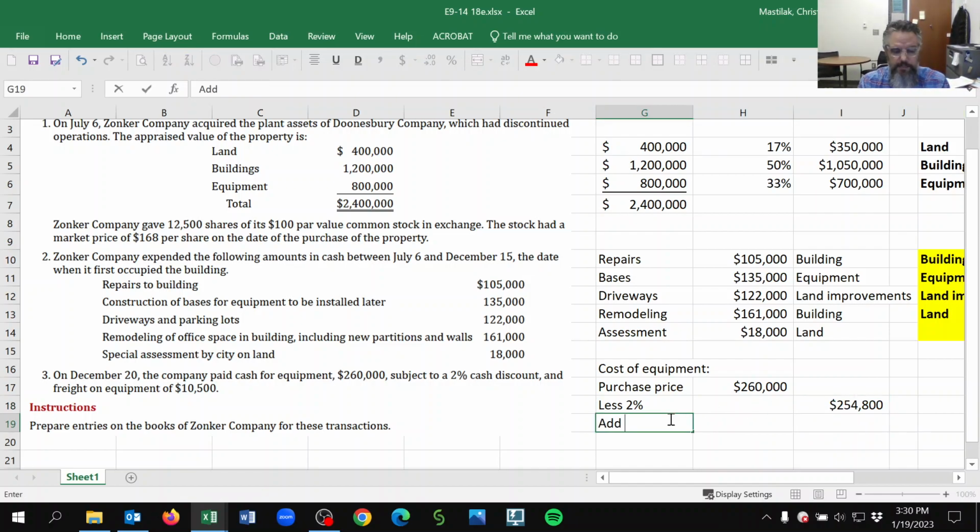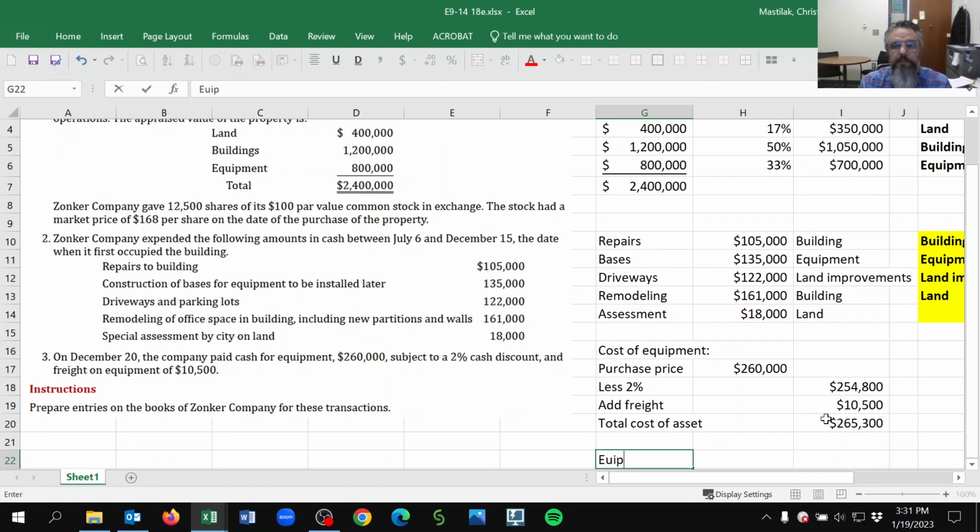And then we're going to add the freight, which is $10,500. And then the total cost of the asset in this case is $265,300.